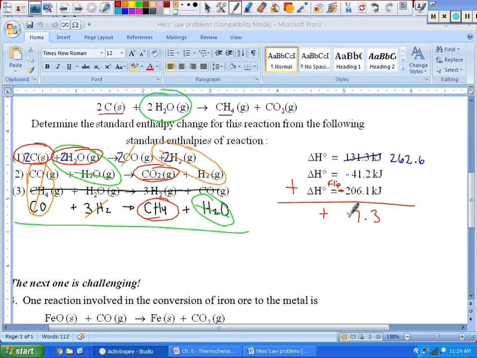Wow, what am I doing? That's right. Because 7, 12, 5, yeah, so it's 15.3. Positive 15.3. No. How did you not? I mean, that's simple addition. 262.2 plus negative 41.2, or subtract, either way. You had to double 131.3.